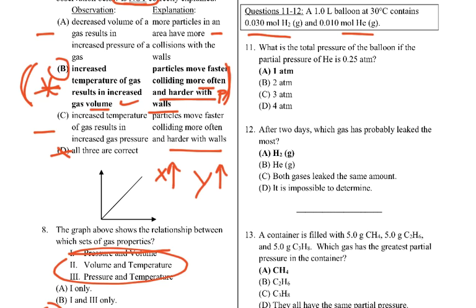So if 0.01 moles of helium causes 0.25, then 0.03 moles of hydrogen must cause 3 times that much, so it would cause 0.75 atmospheres. And if we add those together, we get 1 atmosphere. So the number of particles is related to the pressure it exerts.